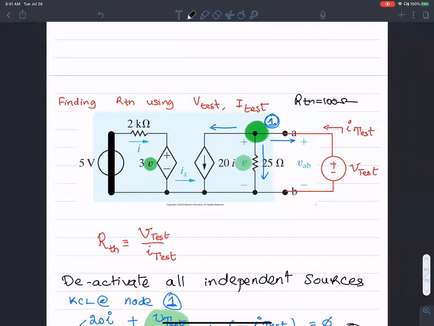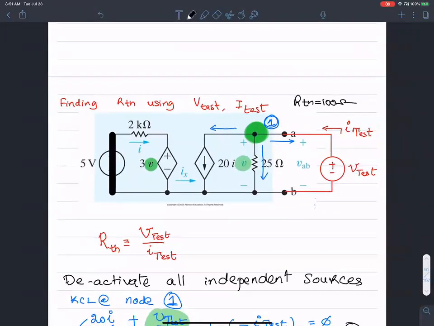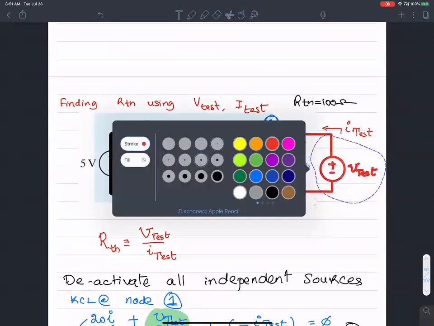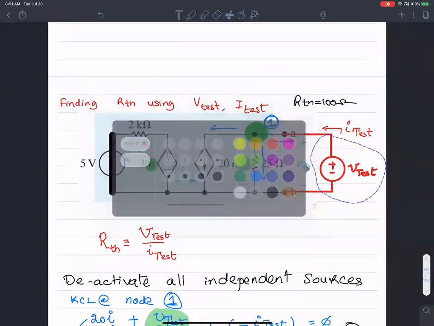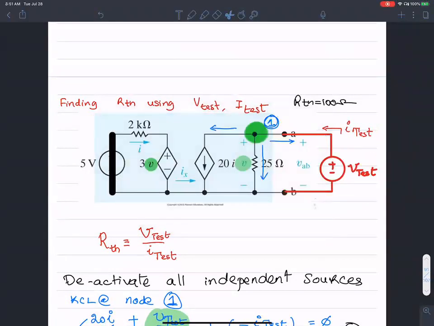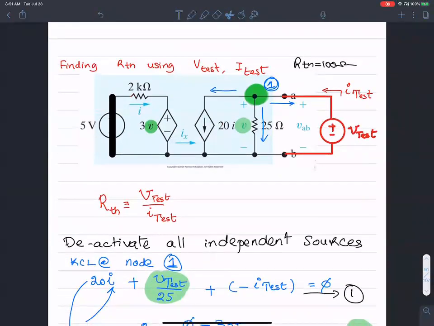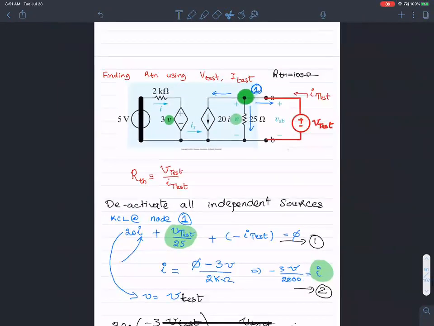Now the part that is different in this problem is that we have to apply a hypothetical test voltage V test and look at the resulting I test. Now, in order to find R Thevenin, you simply get an expression, massage the equation to find V test over I test. Okay, so you set up KCL at node 1.